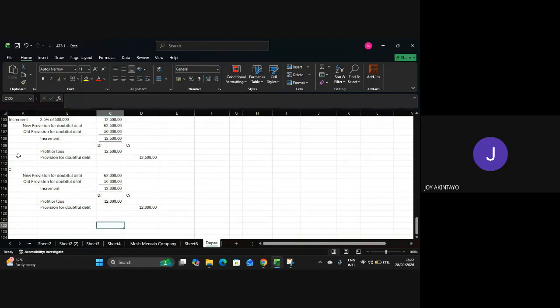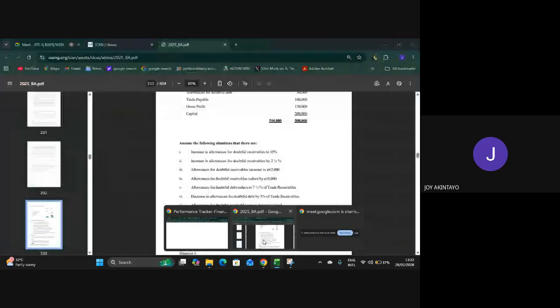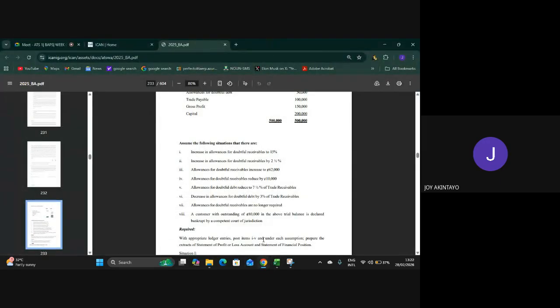So the next thing, D. They said allowance for doubtful debt reduces by 10,000 cedis. We have 50,000 before and it reduced by 10,000, it means we have to reduce 50,000 by 10,000.